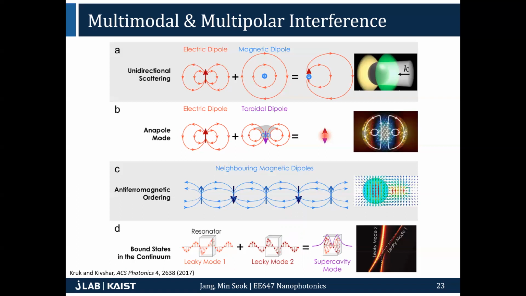But in any case, I hope you got the point, right? The point is that the electromagnetic or scattering response of a dielectric nanoparticle is very important. And that response can in most cases be explained by decomposing it into multipolar responses, like electric dipole, magnetic dipole, electric quadrupole, magnetic quadrupole.